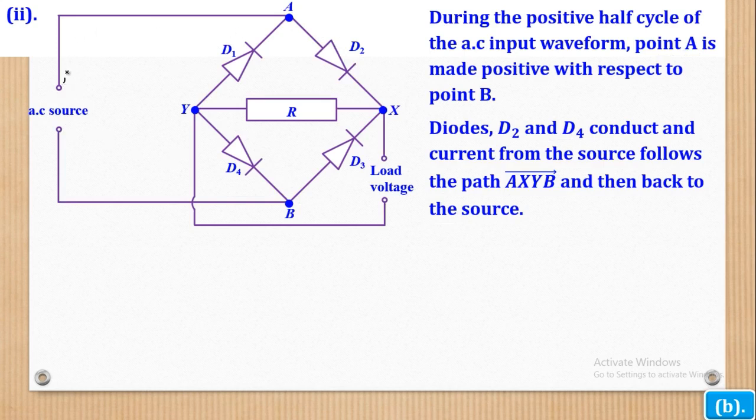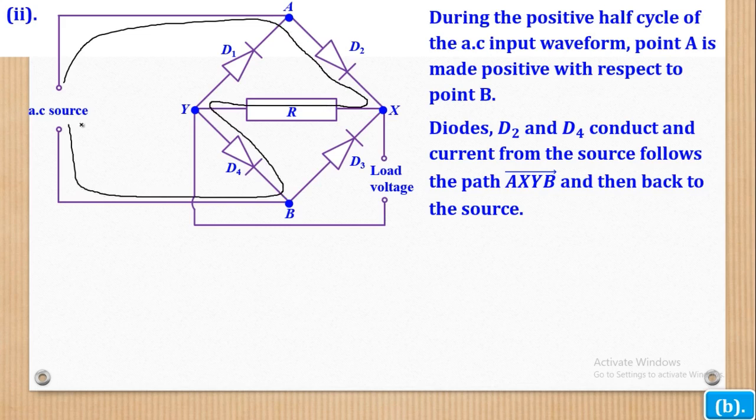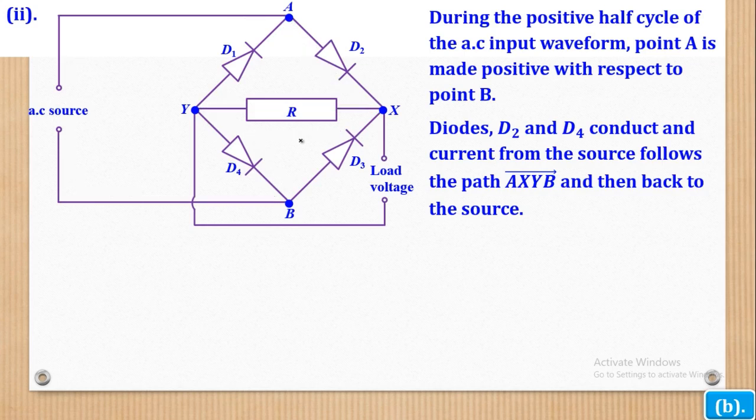From here it comes here, it goes here, then here, then here, and back to the source. So it takes the direction A, X, Y, B, and back to the source. Therefore through the load it will be in that direction. That is for the positive half cycle.